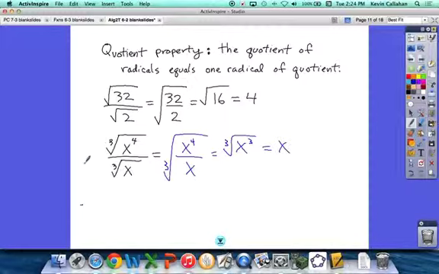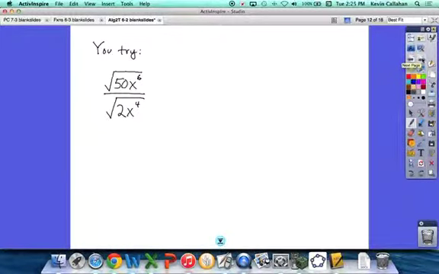So it'll divide evenly into the numerator. So try that one. Use the quotient property and see how it simplifies.